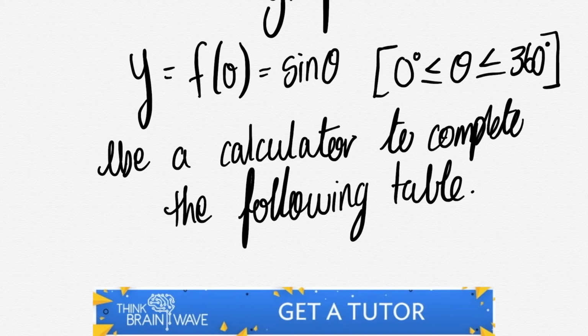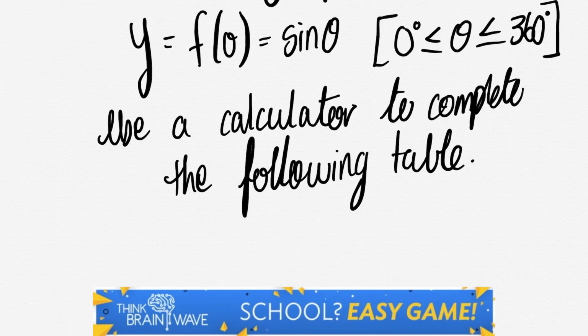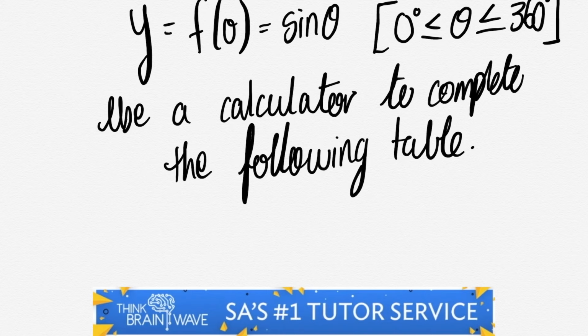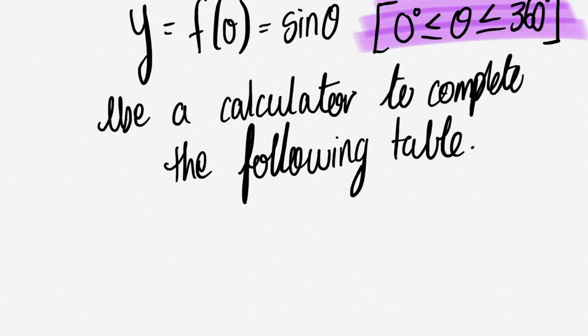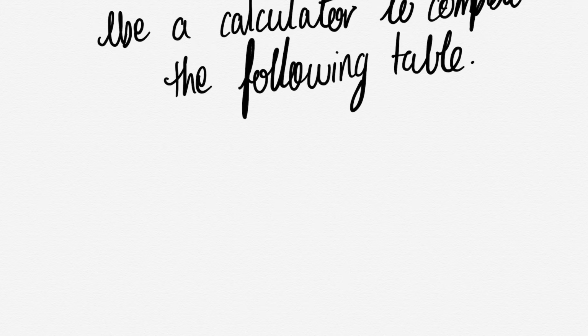You'll learn a little bit more about how the CAST system works, where cos is the bottom right, and all values are positive. The "All" is the top right, which is your first quadrant. Top right is first, second is top left, third is bottom left, and fourth is bottom right. So with that said, let's move on.